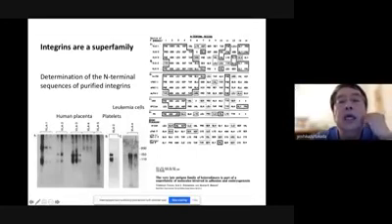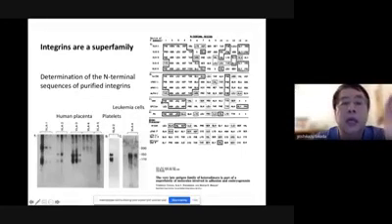At the same time, another group in Boston, Tim Springer's group, was working on another group of lymphocyte integrins. They didn't call them integrins because we didn't have the name integrins at the time. Their N-terminal sequence is shown here. Another group in San Diego, La Jolla, purified the vitronectin receptor I mentioned before.